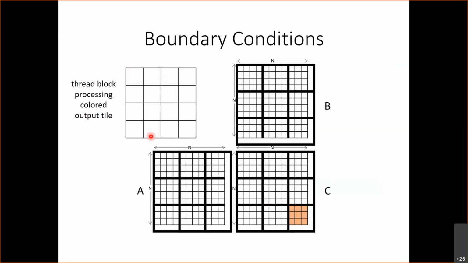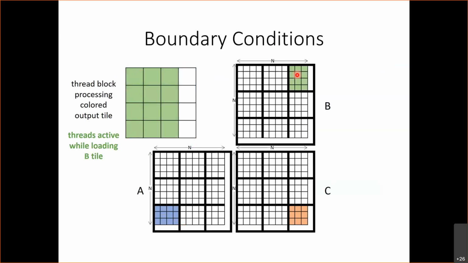Let's say this here represents the threads that are active during the computation. When I'm processing this output tile, for the first tile, I'm going to load this input tile. These are the threads that need to be active when I'm loading the input tile. When I load this other input tile over here, these are the threads in the block that will be active when I'm loading the second input tile.